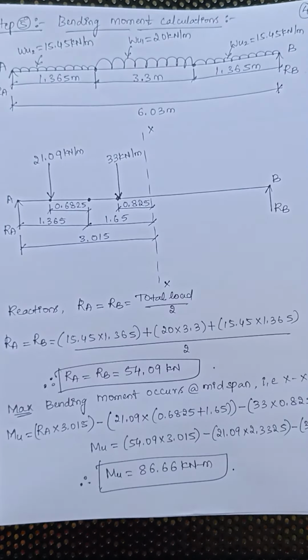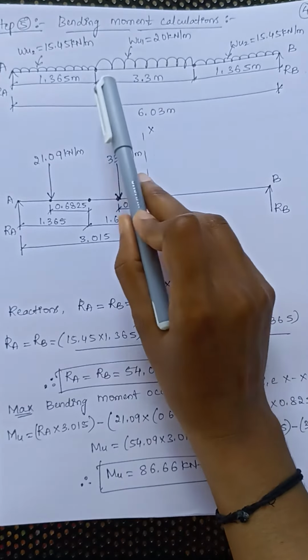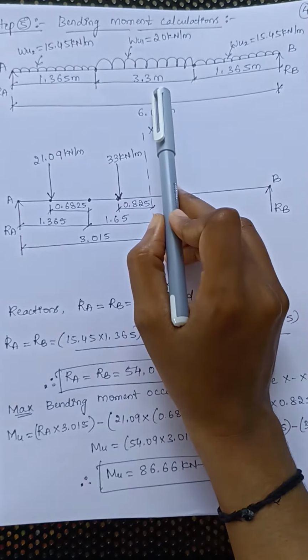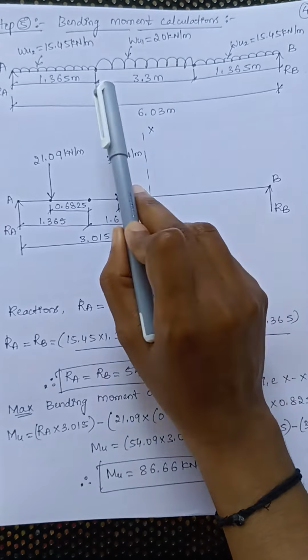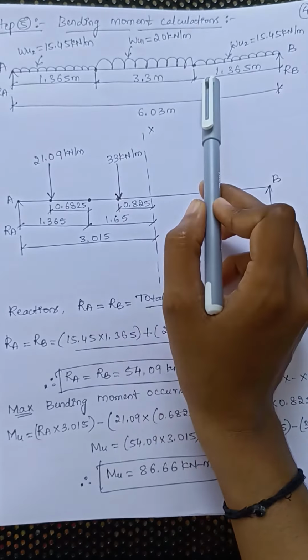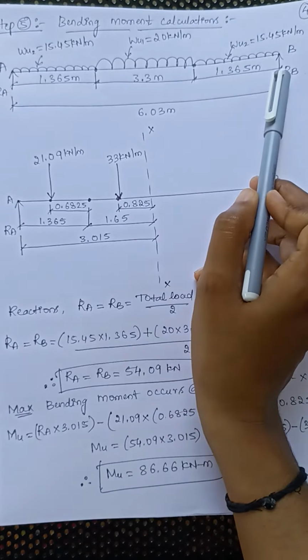Then you just have to split the span of the slab here. We got the going width as 3.3, that is 3300 mm, which we got in the very first step itself. On converting that in terms of meter, we get 3.3 meter. And then the width of the landing is from the center of the support.